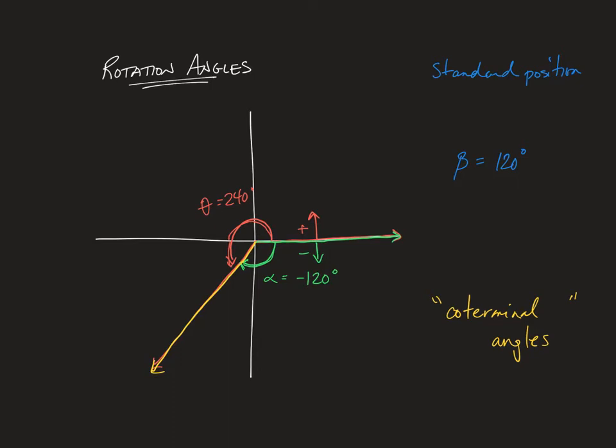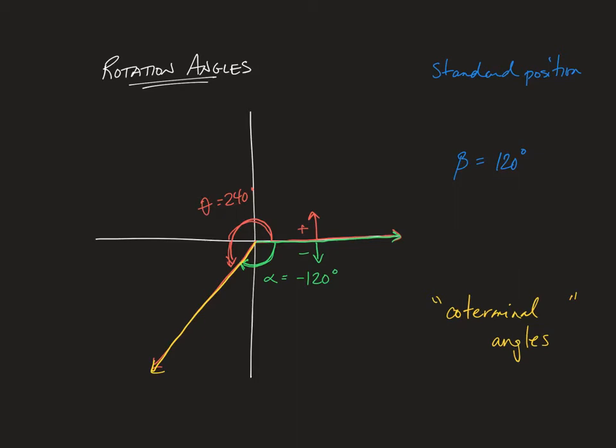Now, the important part for us: there are infinitely many coterminal angles. We may look at this at the very beginning and say, but I don't see how I could get my terminal arm to lie in that same position any other way. What we're missing is the idea that we're not limited to one rotation.